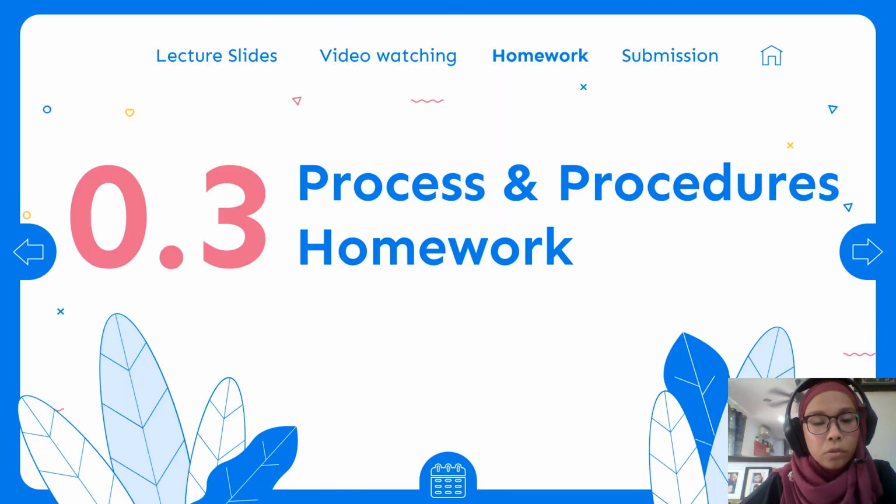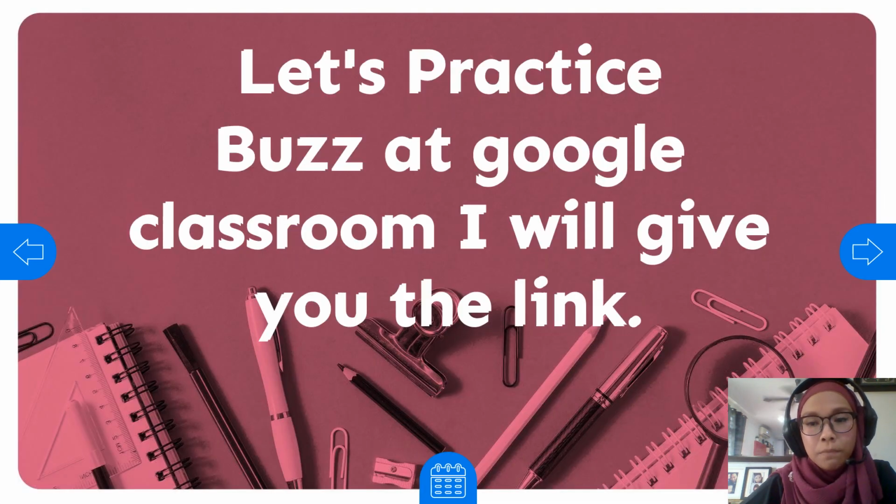So the homework for today would be, let's practice. I would like you to first complete the whole slides where I have explained to you what is process and procedure. Instruction is going to be next week. I'm going to explain that next week. So for today, please watch the whole video, and after that watch the YouTube link videos that I'm going to give to you about how Coca-Cola was made, and also how M&M is made.